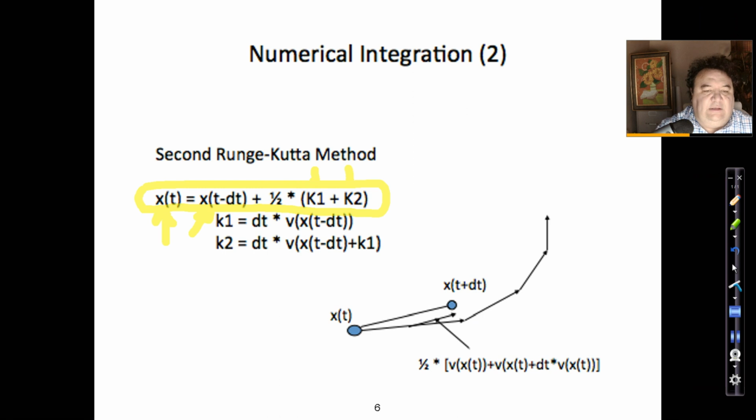And now k1 is effectively the Euler term, but then we have this correction, so instead of only using this, we only use half of this, and then we have this correction term that samples the vector at the location and reduces the error by computing the vector v at a location in between what would have been the first and the second location.